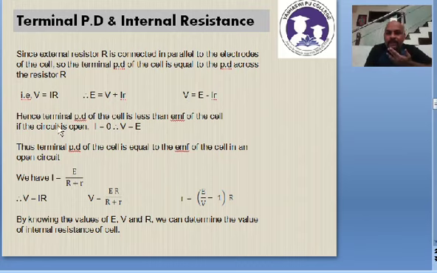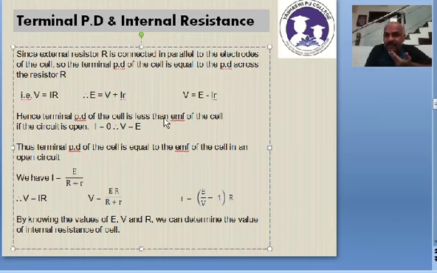Hence the terminal potential difference of the cell is less than the EMF of the cell. See here, V is equal to E minus something. That means the terminal potential difference is equal to EMF of the cell minus Ir. Ir represents some work done in transferring the charge through the internal resistance.